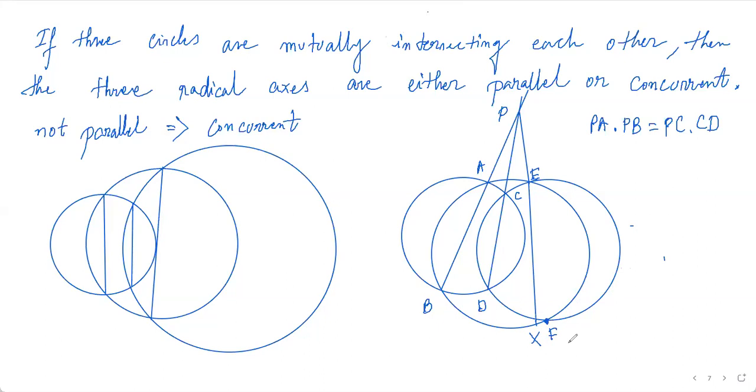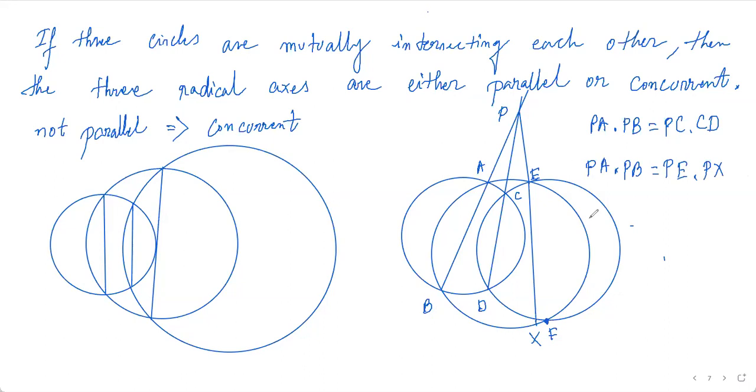So A, B, X, E, all these four points are on the second circle, and from there I'll have again PA times PB is equal to PE times PX. Furthermore, I have PE times PX is equal to PC times PD.